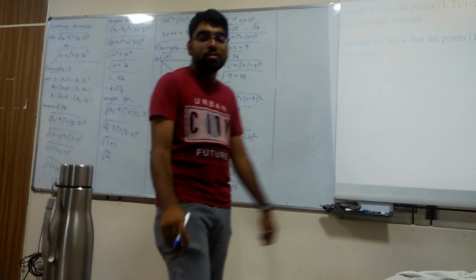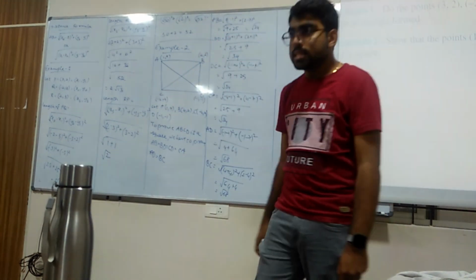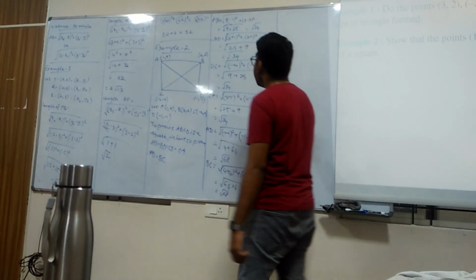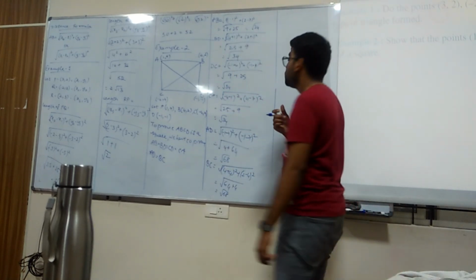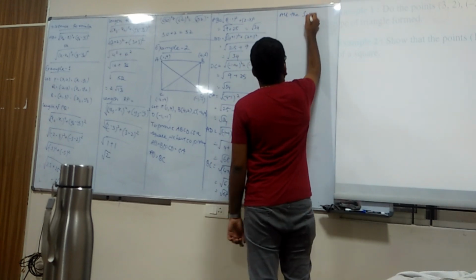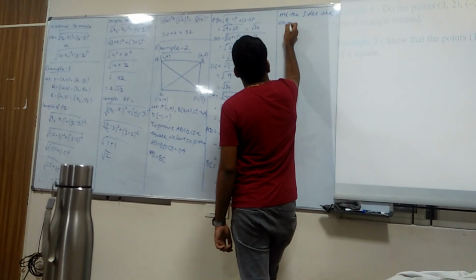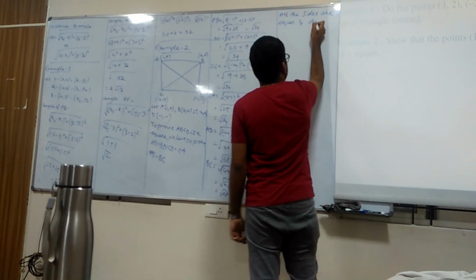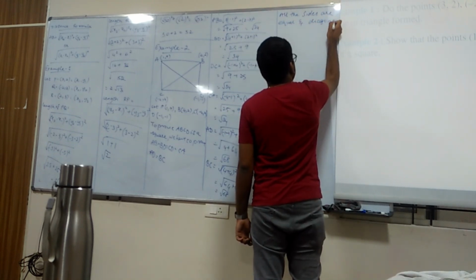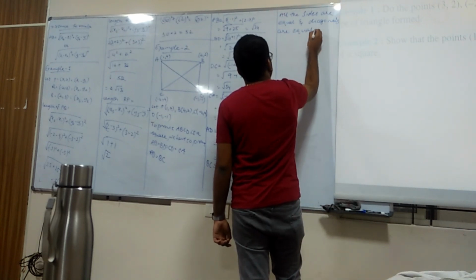Okay. After this, what will you tell? All the sides are equal and the diagonals are equal. Sides are equal and diagonals are equal.